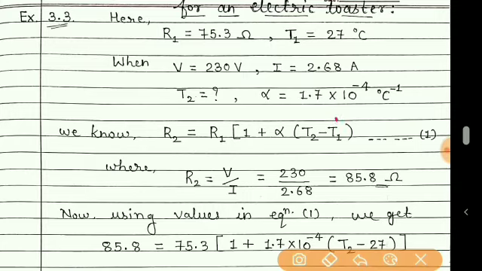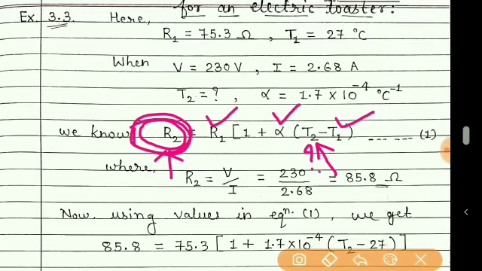T1 is given, T2 is to be obtained, alpha is given, R1 is given, but R2 is also unknown. So there are two unknowns, R2 as well as T2, which is to be obtained finally. First our aim is to obtain R2, and if we get R2, then by simply putting the values we can calculate T2 easily.